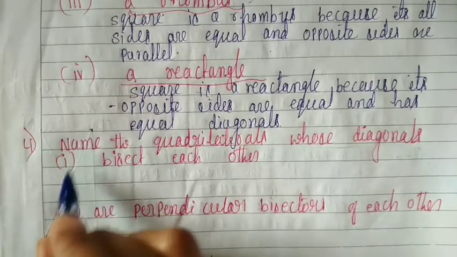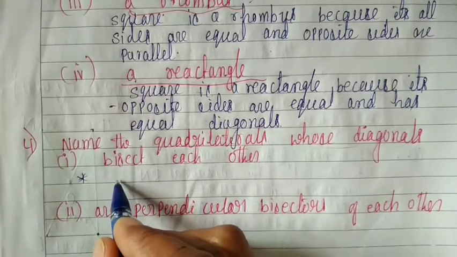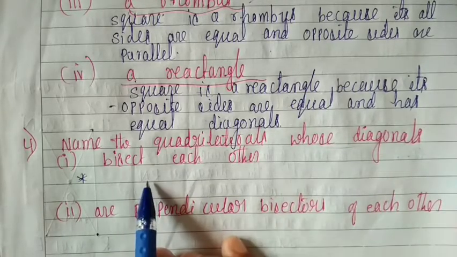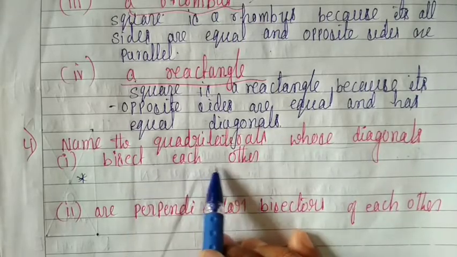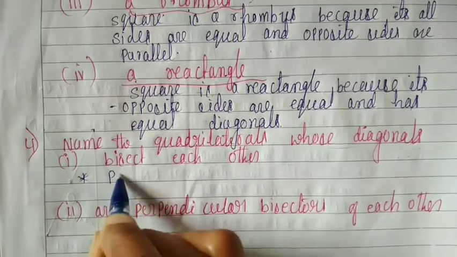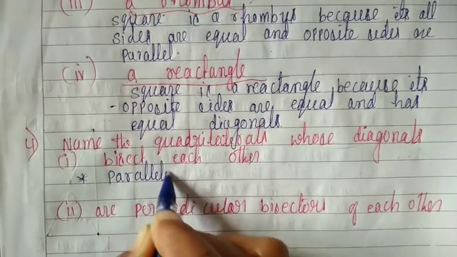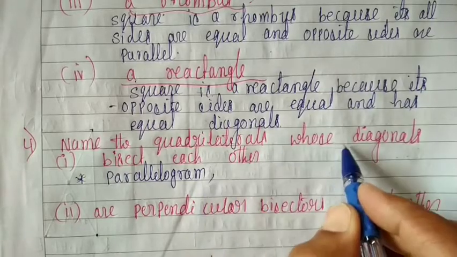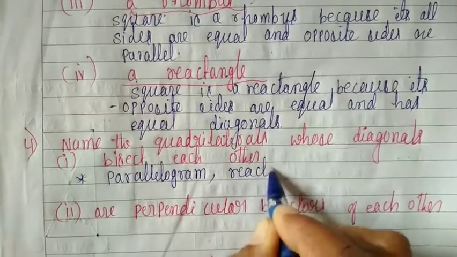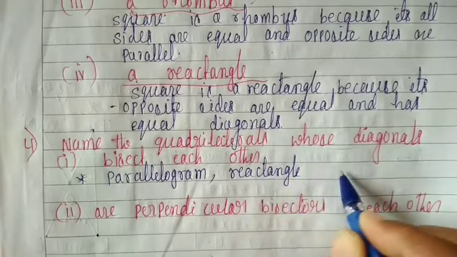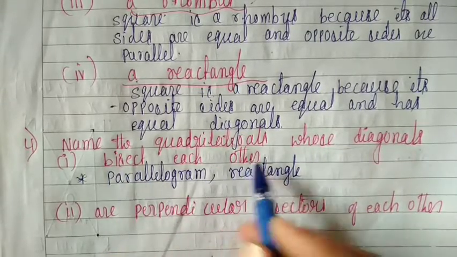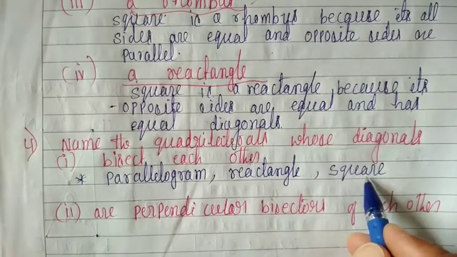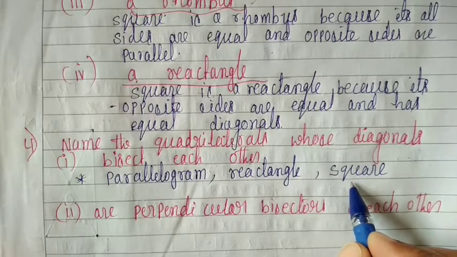Which are these? The first one is parallelogram. In parallelograms, the diagonals bisect each other. And rectangle also, in a rectangle the diagonals bisect each other. Square, in a square, the diagonals bisect each other.